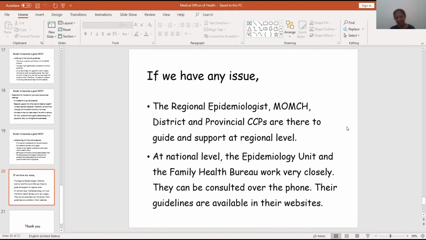At the national level, again, the epidemiology unit and the health bureau also help us in technical matters. And there are enough guidelines, fact sheets and a lot of documents to be read by us on the websites of the epidemiology unit and family health.